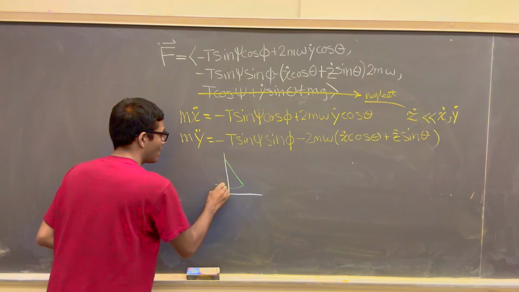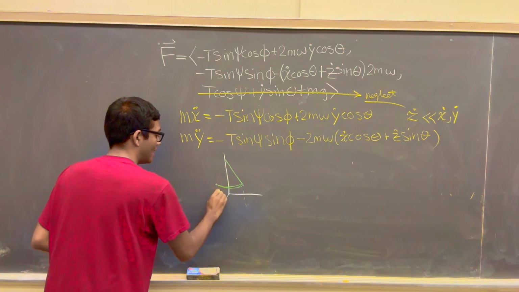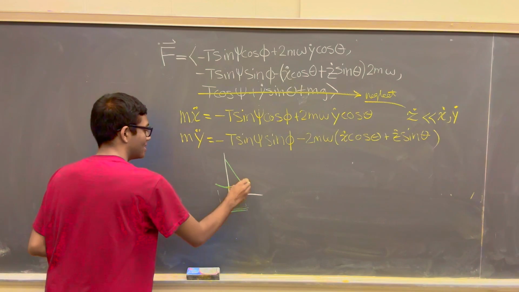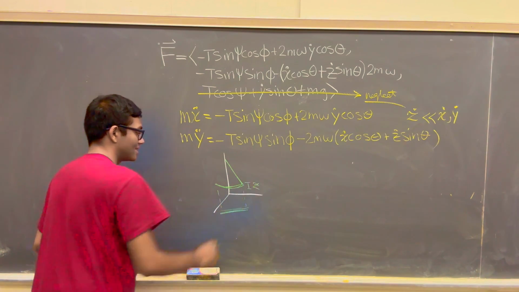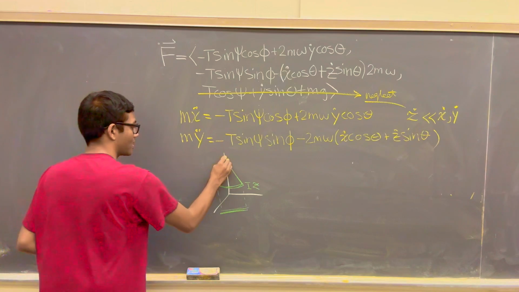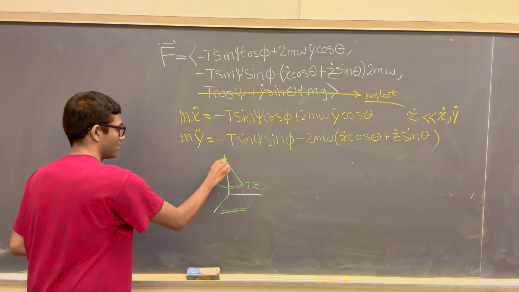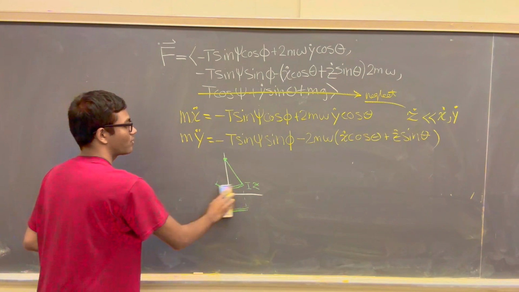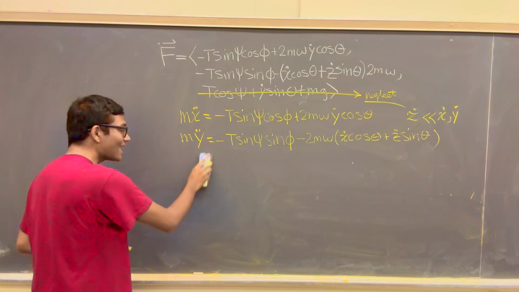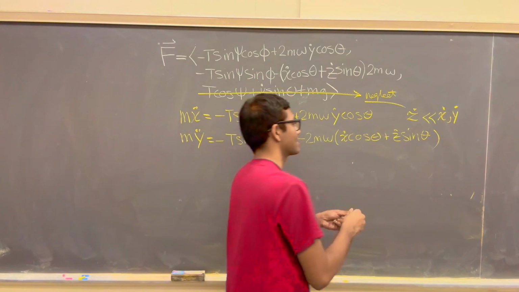Rather, it mainly oscillates back and forth on the xy plane, right? But it does not really change its z component, okay, for the pendulum, right? So that's the approximation we're making to neglect z dot under small oscillations.